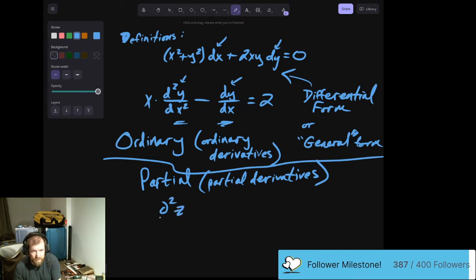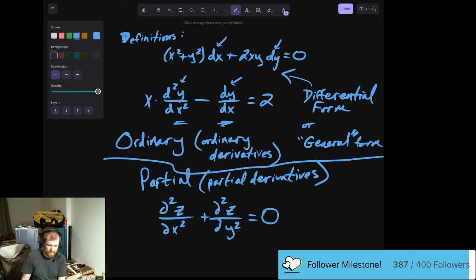Second derivative with respect to z. Nope, sorry. Second derivative of z with respect to x both times, plus second derivative of z with respect to y both times is equal to 0. I don't remember which one this is. I think it might be the heat equation.